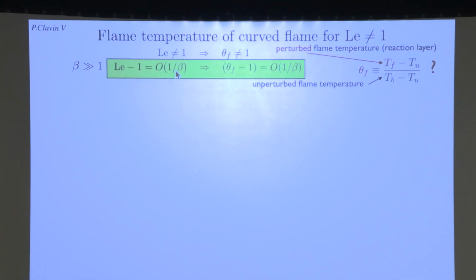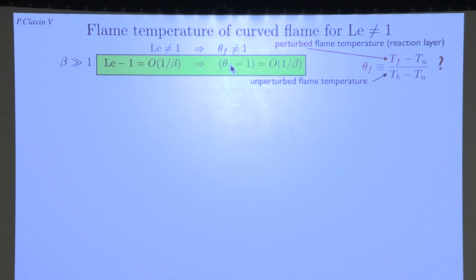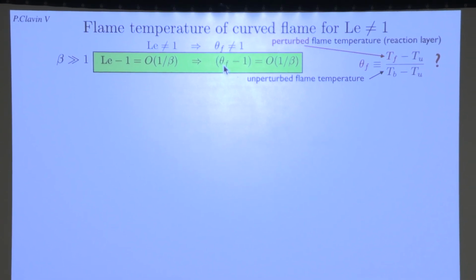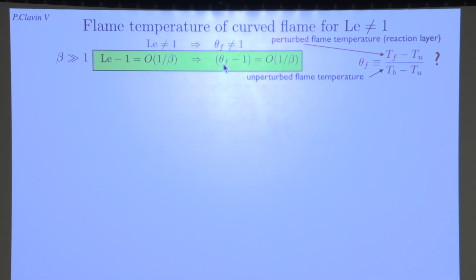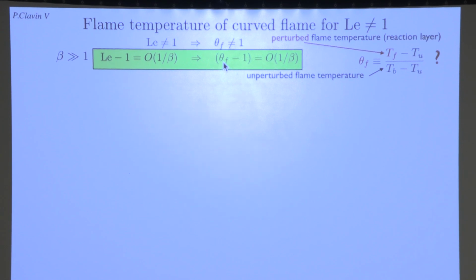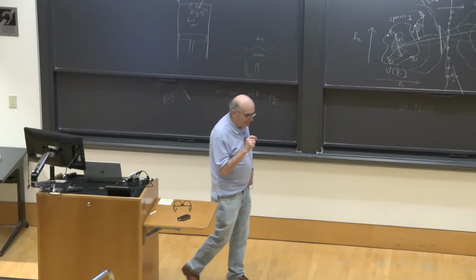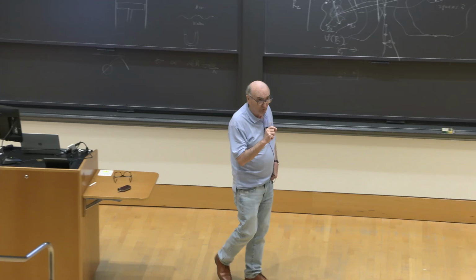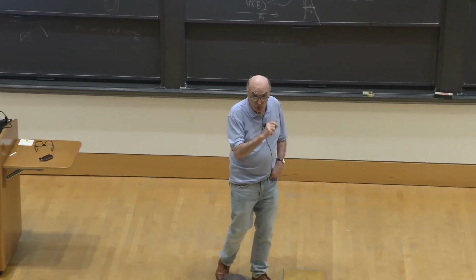The Lewis number is of the order of 1 over beta. Why do you put that? It's because you don't want the variation of the flame temperature to be too strong. Because the dependence of the flame speed on the burnt gas temperature of the flame is exponential.